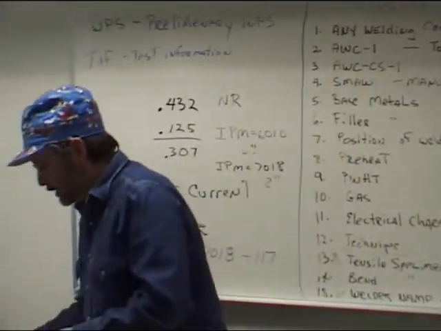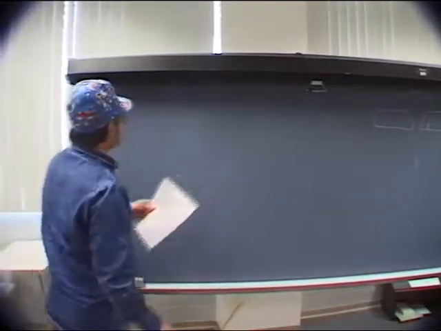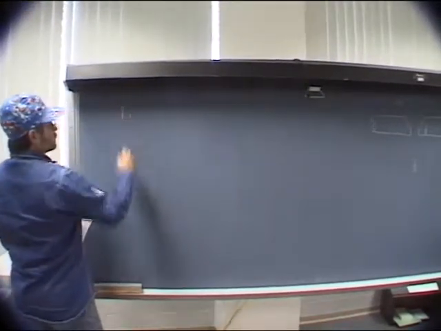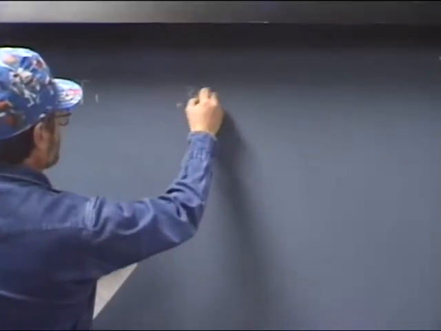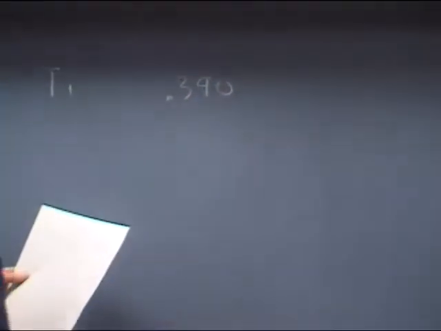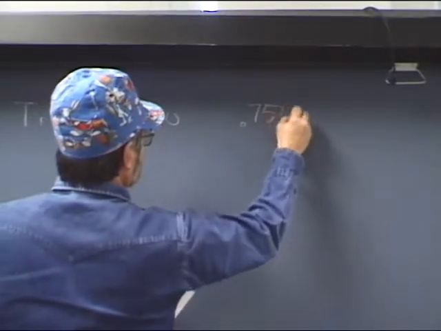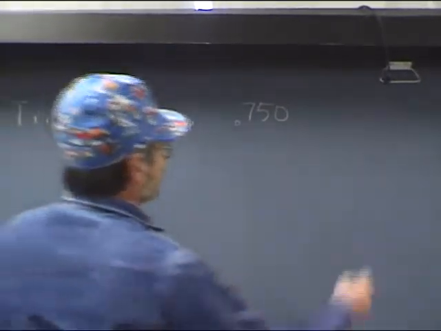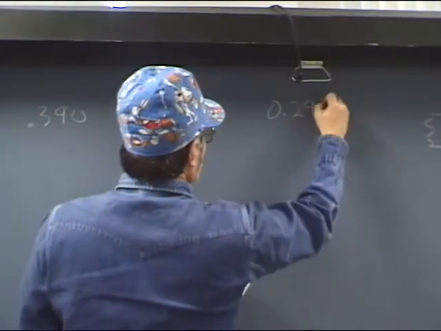So let's go to the blackboard again. I'll put a couple of examples up here that came from actual tests that I've conducted in the past. So under specimen, we will go T1 for tensile 1. Width, we have 0.390. Thickness, 0.750. Area, 0.292.